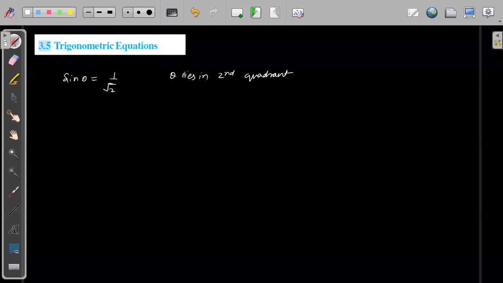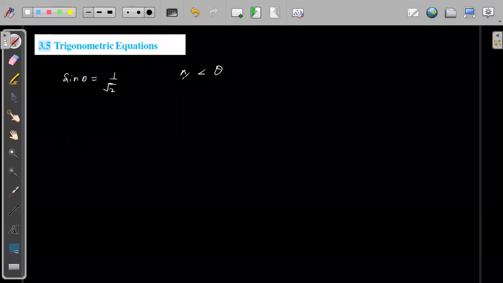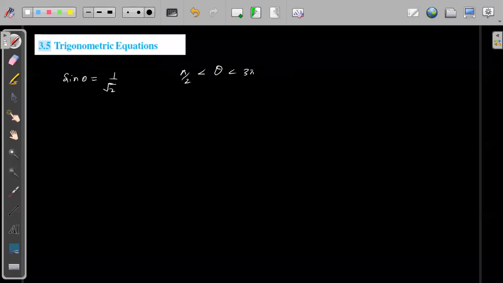Tell me what will be the value of theta if sine of theta is equal to 1 by root 2 and theta lies in the second quadrant. Or suppose it is given as theta greater than pi by 2 and less than pi.